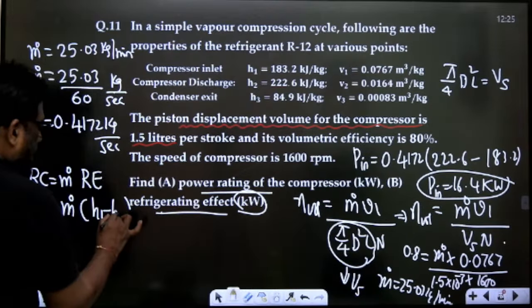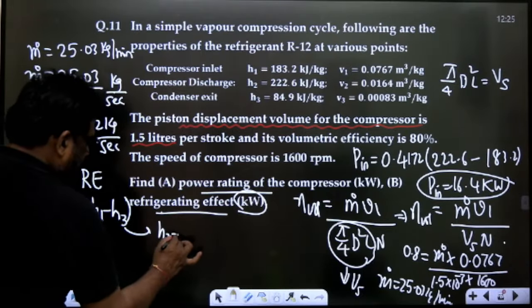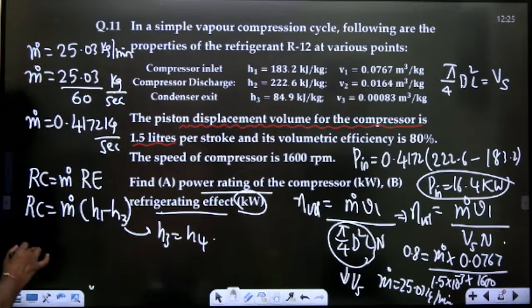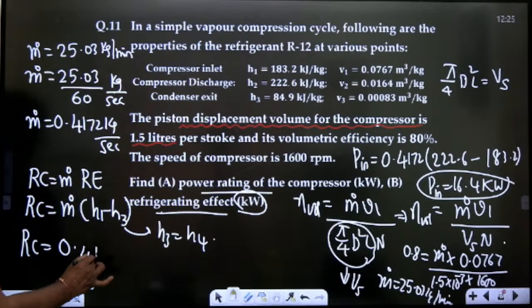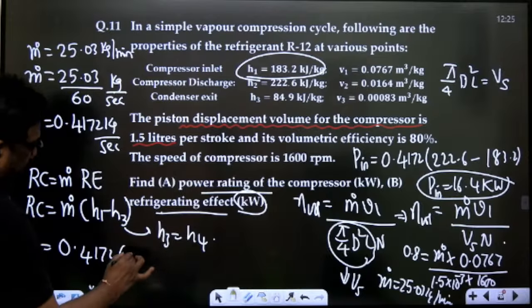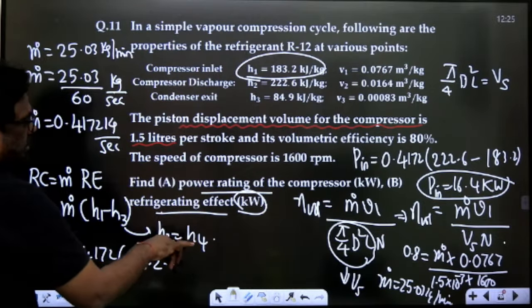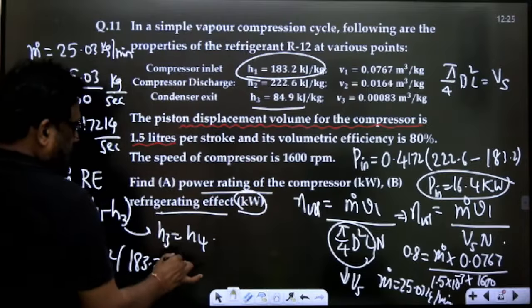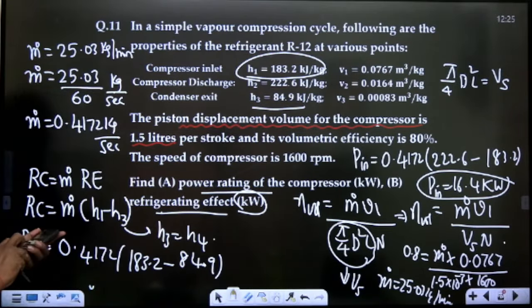Why? Because 4 and 3 is throttling, so H3 is equal to H4. And RC is equal to m dot, what is m dot? 0.4172 into H1, already H1 is given, 183.2, minus H4. What is H4, sir? H3 and H4 are the same, so it is 84.9. That is also given. So how much is it coming, sir?